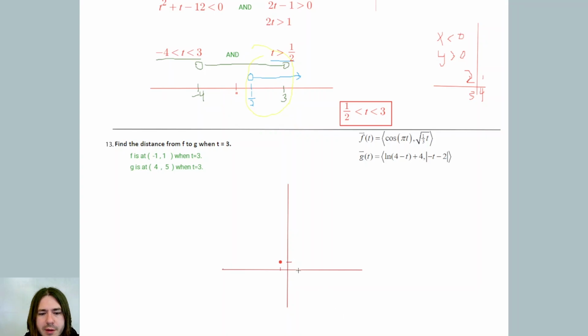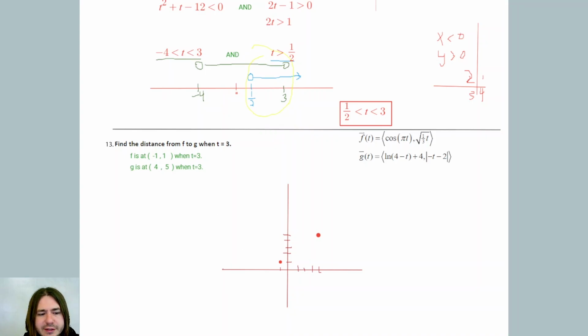And then 4 comma 5, 1, 2, 3, 4, so 4 comma 1, 2, 3, 4, 5 would be roughly right here. So this is where these two objects are at this particular time.